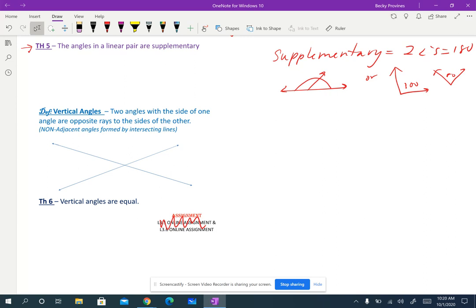Now, vertical angles, let's read the definition, then I'll give you my definition. It says two angles with the side of one angle are opposite rays to the sides of another. And I feel like this is just a really difficult way of saying the situation. So my definition is here. Non-adjacent angles formed by intersecting lines.